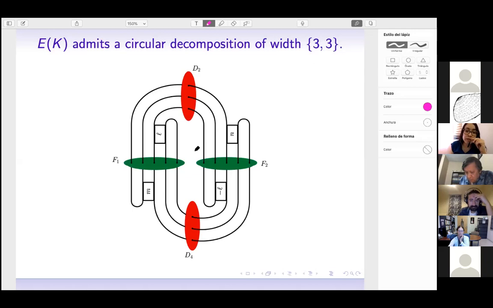So what happens here is that when you move the disk in this direction, we will see the intersection, and we will see how the genus 2 surface changes to a genus 1 surface.